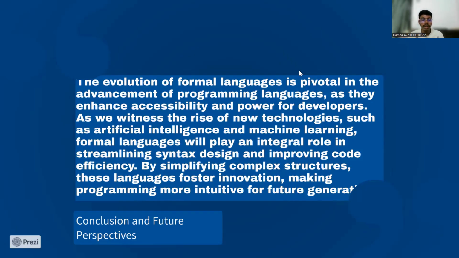Formal languages play a crucial role in programming and compiler design. They provide structure, remove ambiguity, and improve efficiency with advancements in AI and modern technologies. Formal languages will continue to evolve, making programming more powerful and accessible in the future.